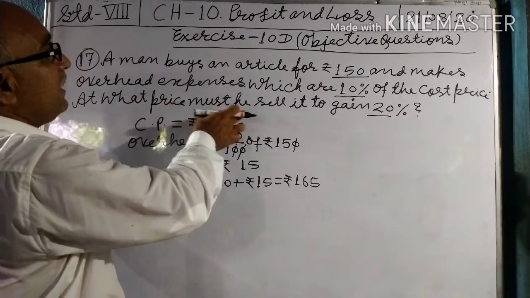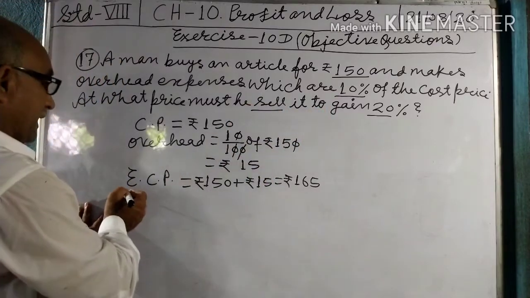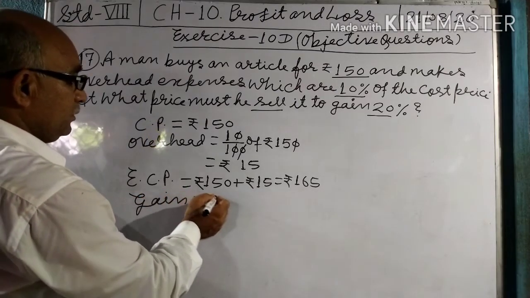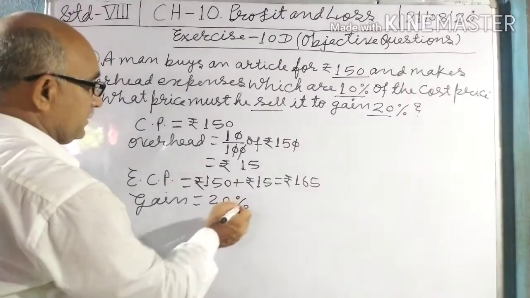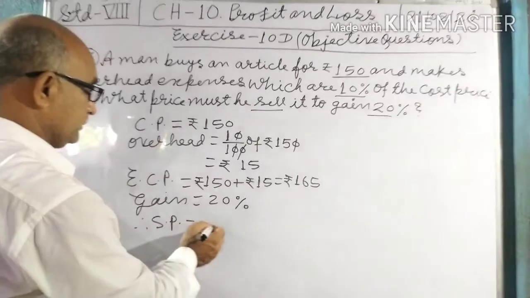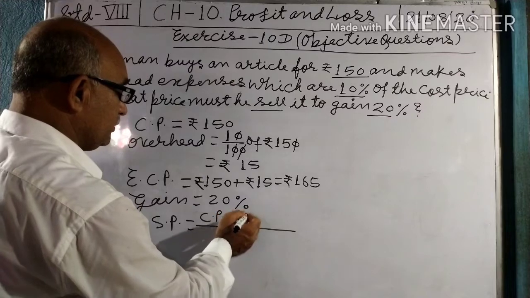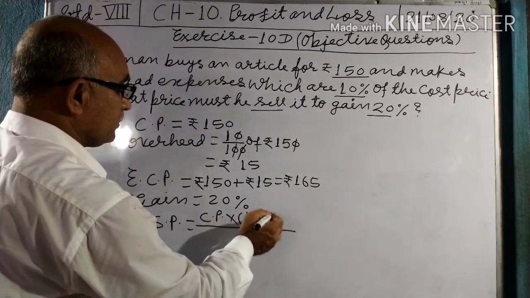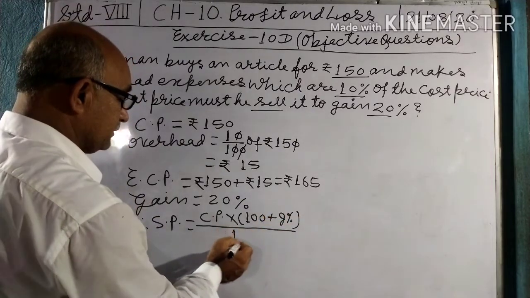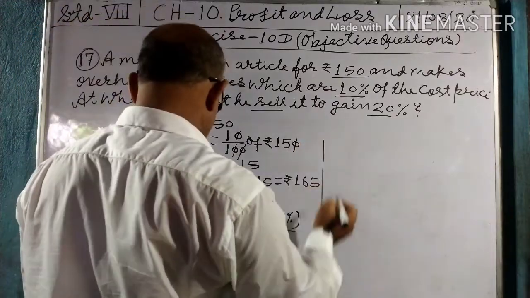At what price must he sell it to gain 20%? So gain equal to 20%. Therefore SP equal to formula CP into 100 plus gain percent by 100.